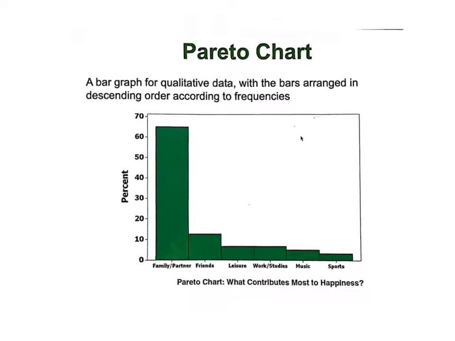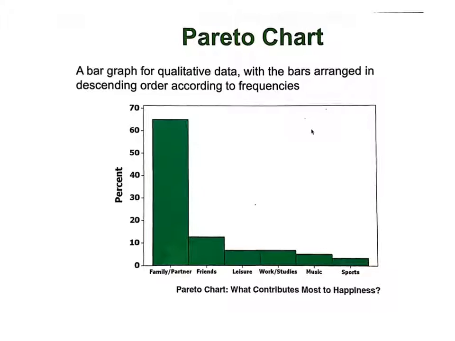A Pareto chart is another bar graph, but what it does is it takes the percentage of the data and it goes down in value as you go. And this is really nicely used for categorical data especially. This chart that you're looking at, on the bottom, is what contributes the most to happiness.